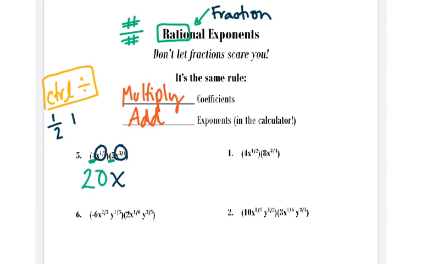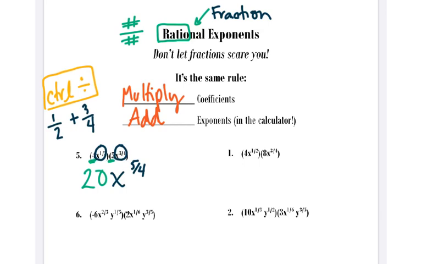Right click, plus Control Divide, 3/4. So if you do that correctly, 1/2 plus 3/4, you'll get the answer 5/4. So the correct answer to number 5 is 20, x to the 5/4.